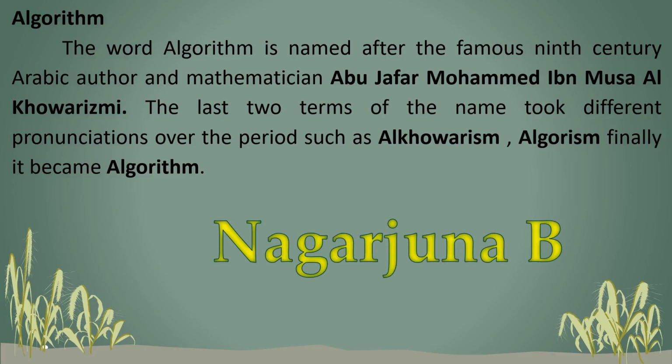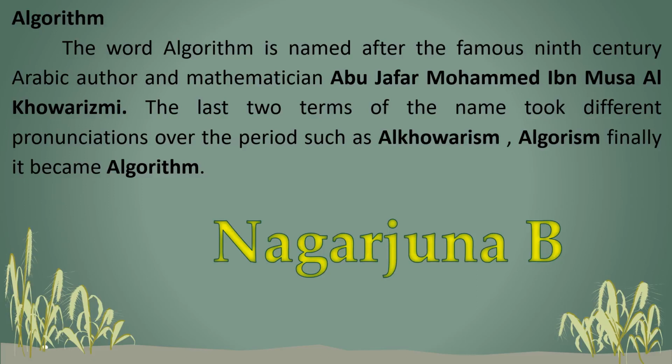Abu Jafar Muhammad ibn Musa al-Khwarizmi. The last two terms of the name, that is al-Khwarizmi, took a different pronunciation over a period of time. Over the years, by repeatedly using these two terms, the pronunciation has changed from one person to another, such as al-Khwarizmi, algorithm.